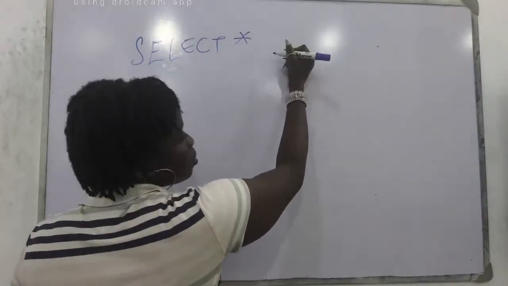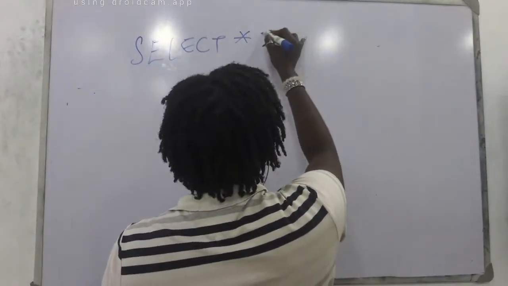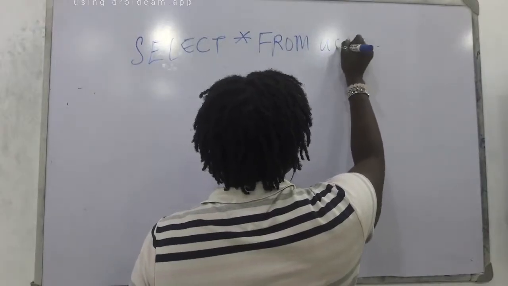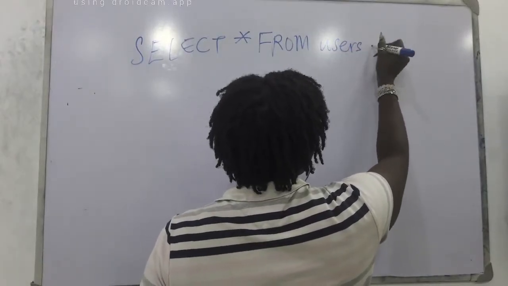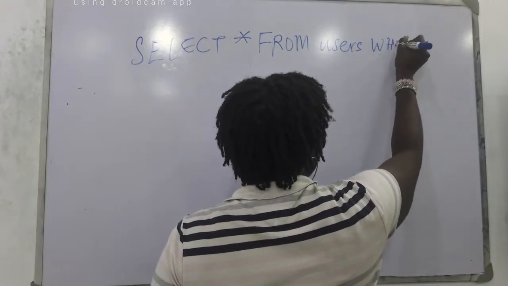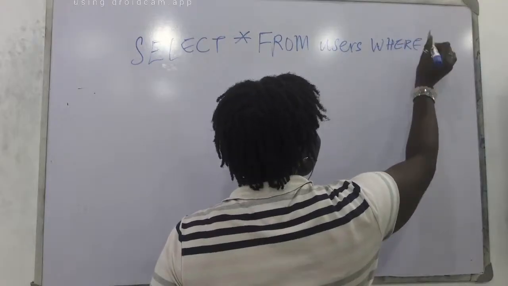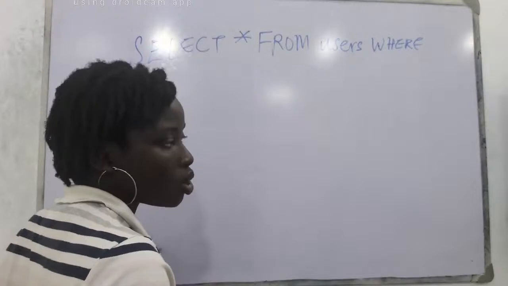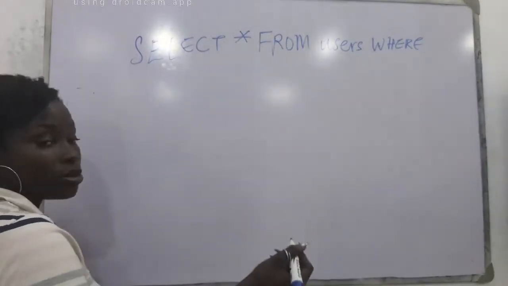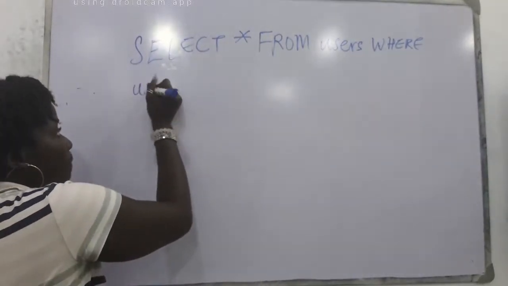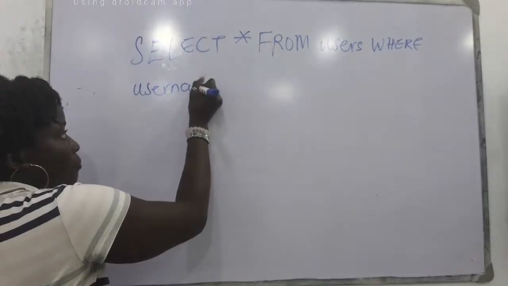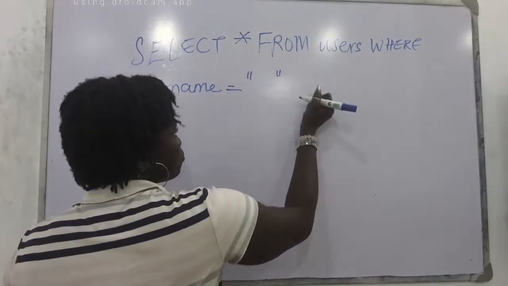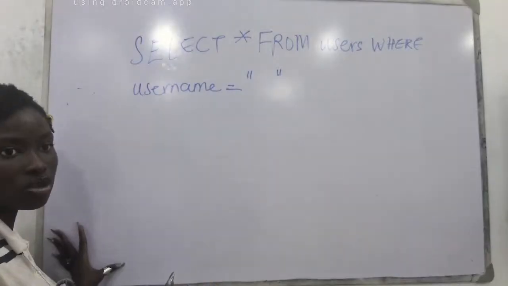SELECT all FROM users WHERE, all these ones in capitals are SQL acceptable commands, and typically they will say username is equal to, this is the information you will get.